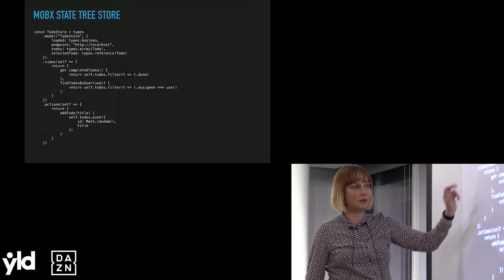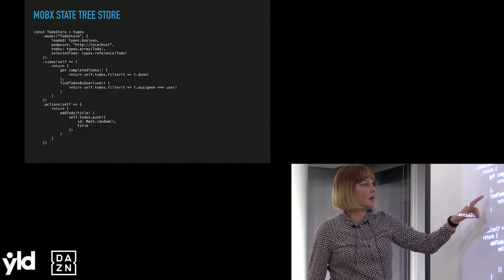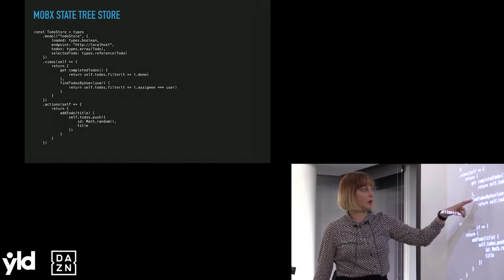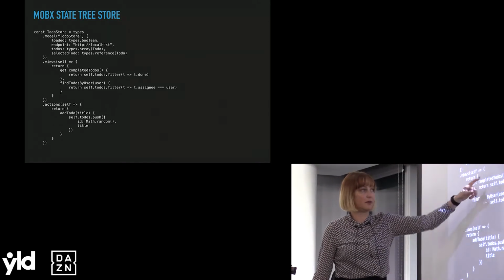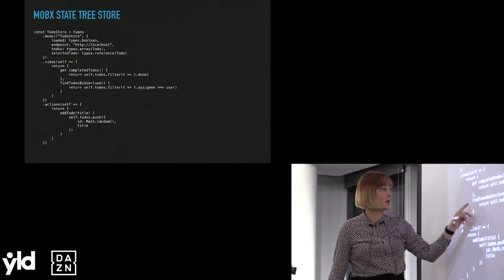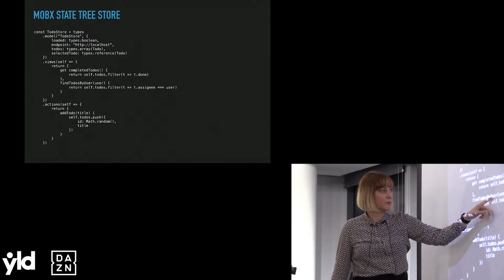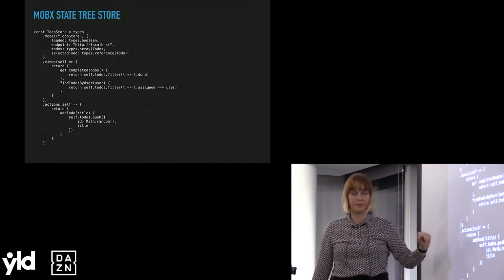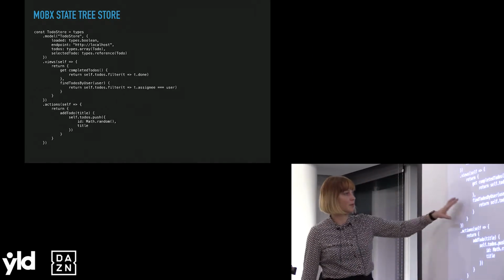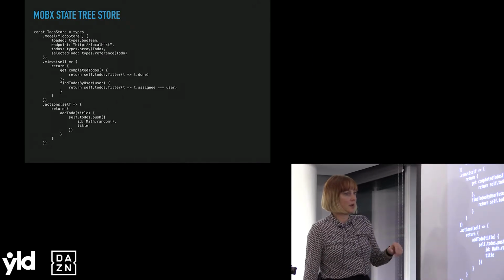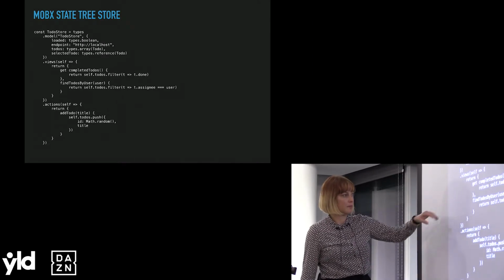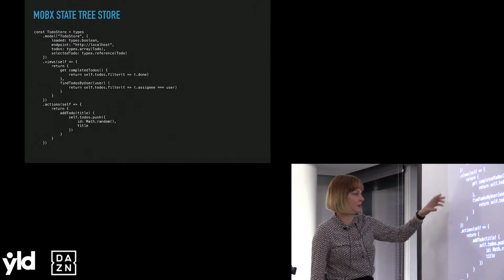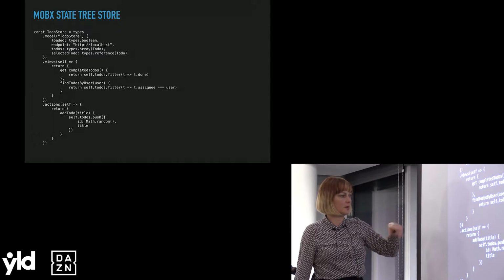We can use a JavaScript getter, and we can use a view function. The getter cannot accept any parameter, while the view function can accept parameters. That is the main difference. I'm going to show later how Mobx will update in the component itself.